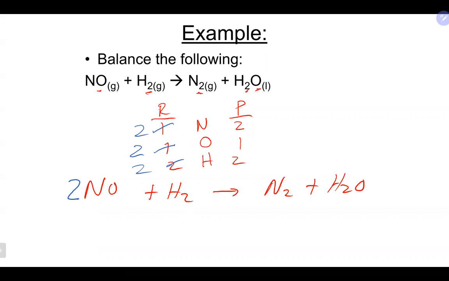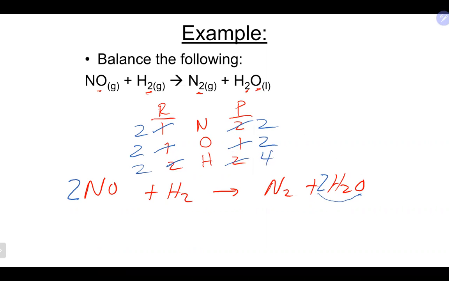So now we want to look and see what might be the easiest thing to deal with at this point. In this case, since the oxygen happens to be the only thing that is not balanced, we will go back to the other side and put a 2 there in front of where the oxygen would be. That's going to give me 2 nitrogens. The 2 here would go to the oxygen, so that will give me 2 and basically 4 hydrogens.